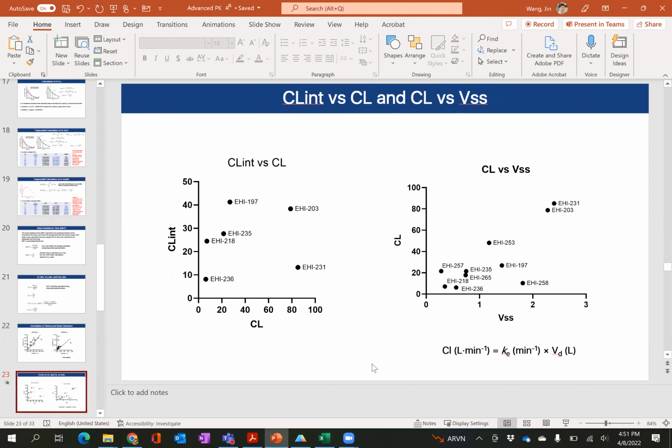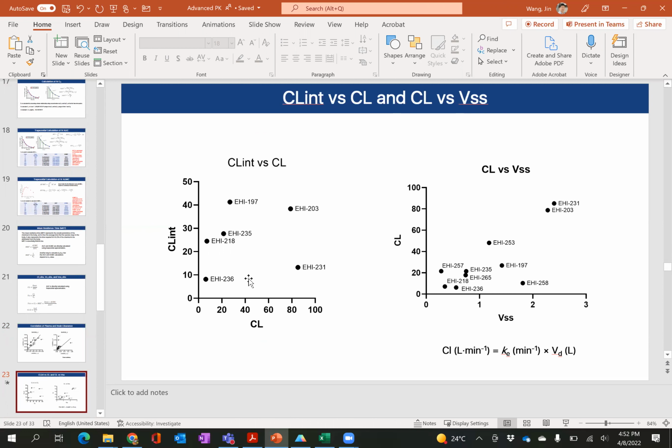We don't have a lot of these, but if you look at these 6 compounds, we measured their IV PK. We measured 10 of these EHI compounds, and for 6 of them we have primary hepatocyte data. Based on primary hepatocytes, we can get the so-called intrinsic clearance, right? Then you can see this is pretty much random.